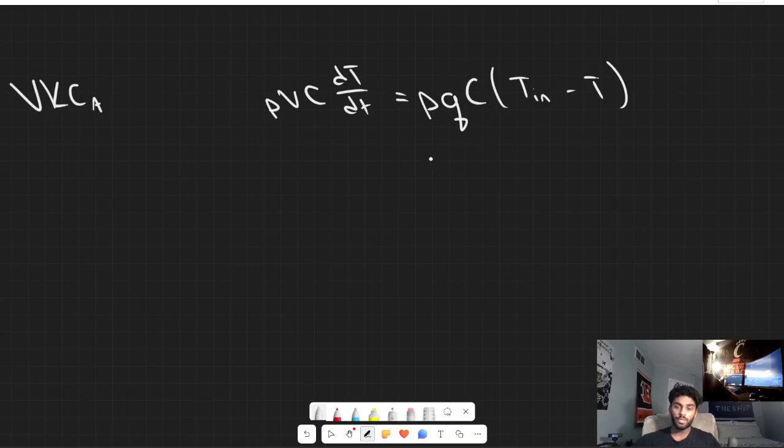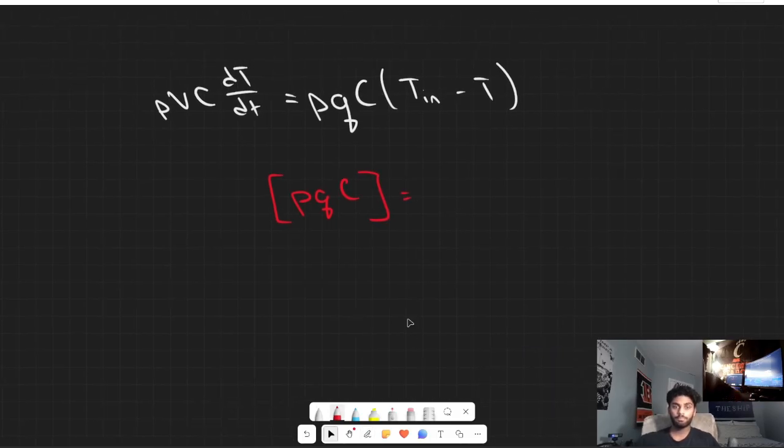And if we do this now, so rho QC, let's just do a dimensional analysis here. We have rho, grams per liter, that's our density. We have Q. Q is liters per minute. That's the part that we want to analyze.